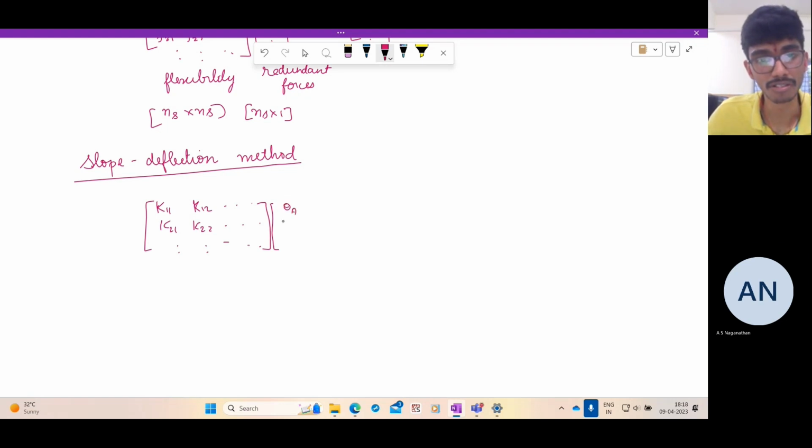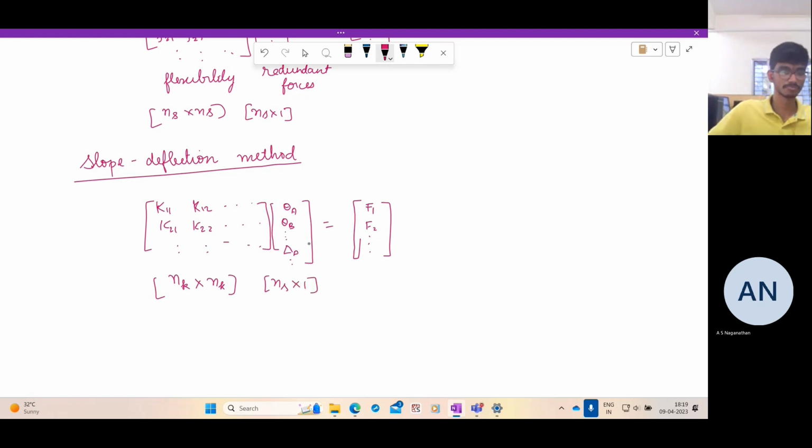The joint rotations were the unknowns, say theta A, theta B, and also the support settlements, delta A, delta B, and so on, is equal to what? Is equal to the prescribed moments and forces at every node. So we had some forces, F1, F2, or moments. So what was the size of the system? If the degree of kinematic indeterminacy is nk, this had an nk cross nk simultaneous linear system.